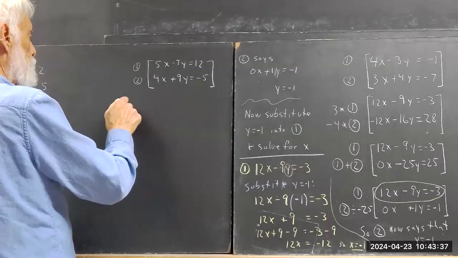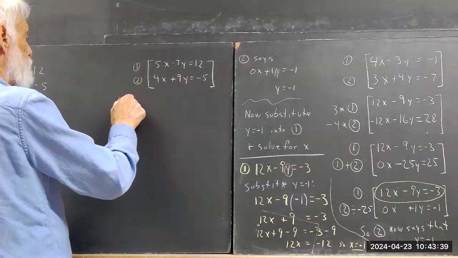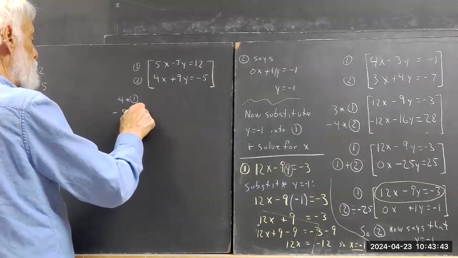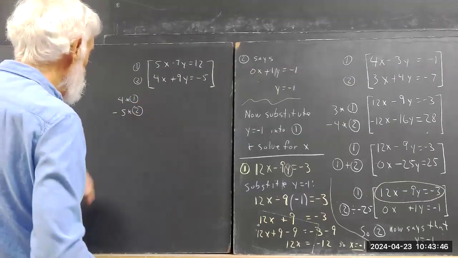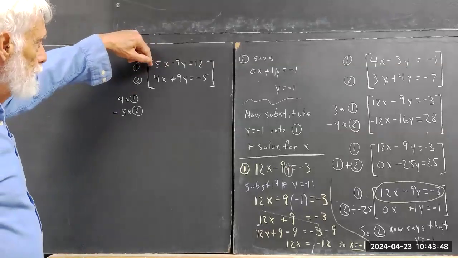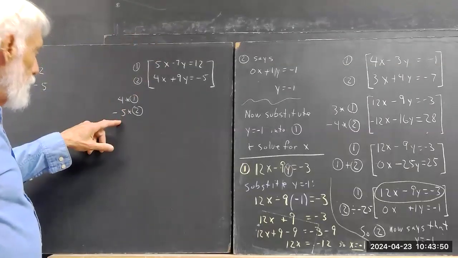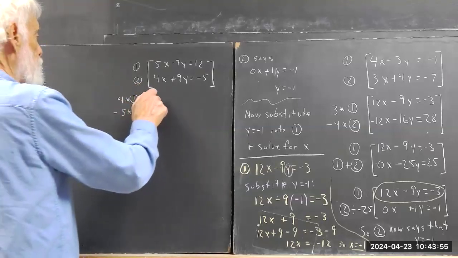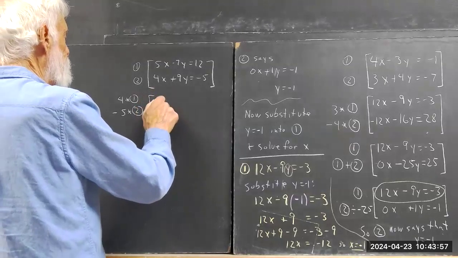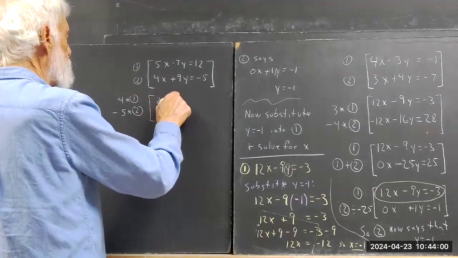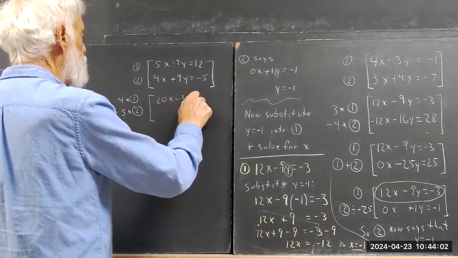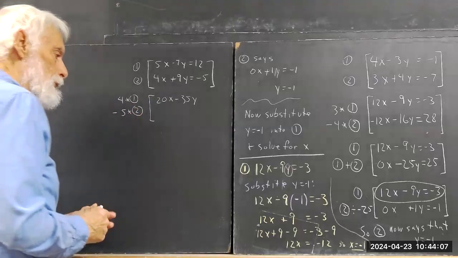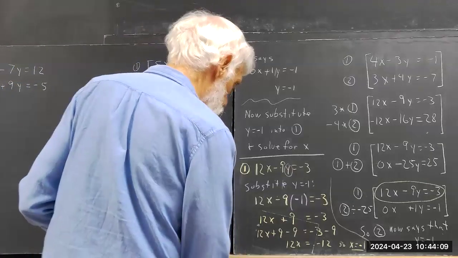So what I'm going to do is 4 times equation 1 and -5 times equation 2. Because 4 times 5x gives me 20x, and -5 times 4x gives me -20x. I think everybody got to that point. So I'm going to get 20x minus 35y, not 35, I have a 5 in my head.